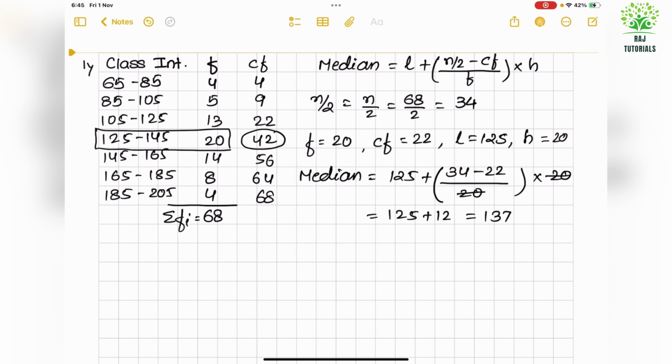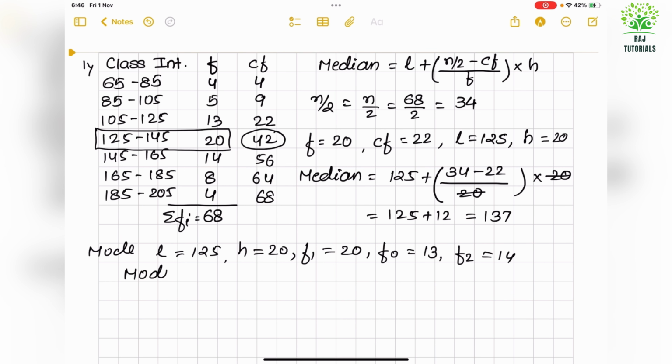So 137. Now to find the mode, L will be 125 again, H will be 20, F1 will be 20 as the maximum value is 20, F0 will be 13 and F2 will be 14.